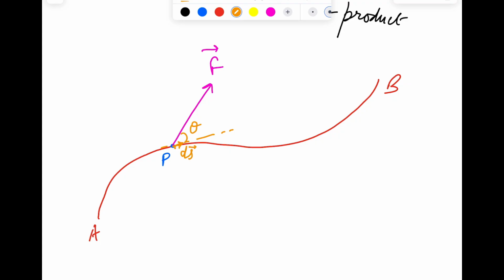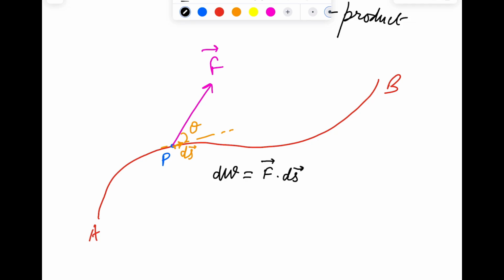In this case, the infinitesimal work done dW by the force F, which causes a displacement of ds, would be F dot ds.